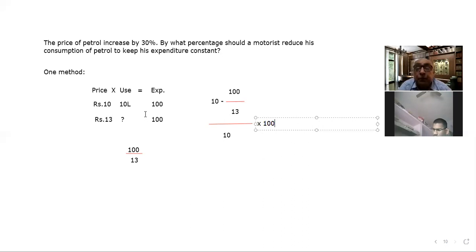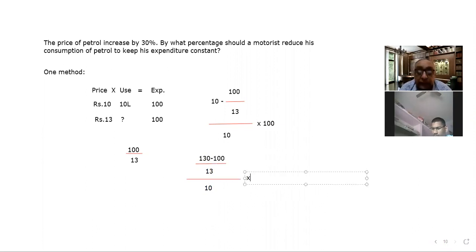So now let me solve it first. That is 130 minus 100, divided by 13 upon 10. So that is 13 upon 10 into 100.